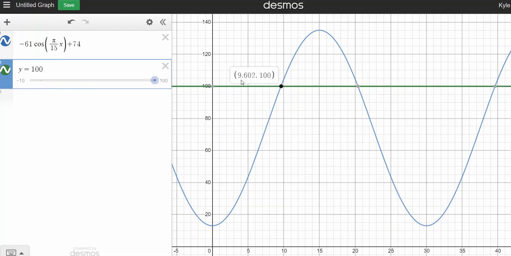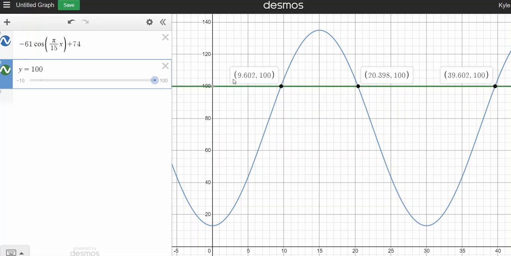There you go, there's one of them. When the time is 9.6 minutes, we're going to be at 100 meters. But it's also going to happen here, when x is 20.4 minutes, we're going to be at 100 meters. Then it would happen again at 40 minutes or so if you're rounding, and it would keep on with that pattern all the way around. But this is the idea.